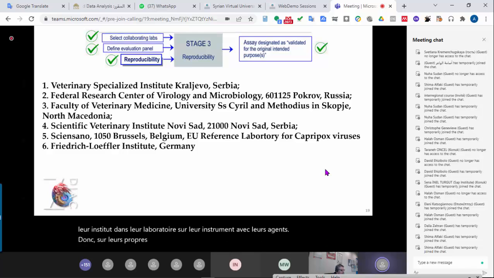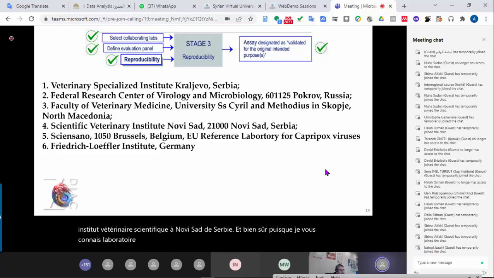So it showed that our assay is very robust and it can be applied in any laboratory. Also, the Scientific Veterinary Institute in Novi Sad in Serbia, and of course Sciensano, the EU Reference Laboratory for Capripox viruses, and the Friedrich Loeffler Institute from Germany. So you see, a lot of people were involved in the validation of this study.